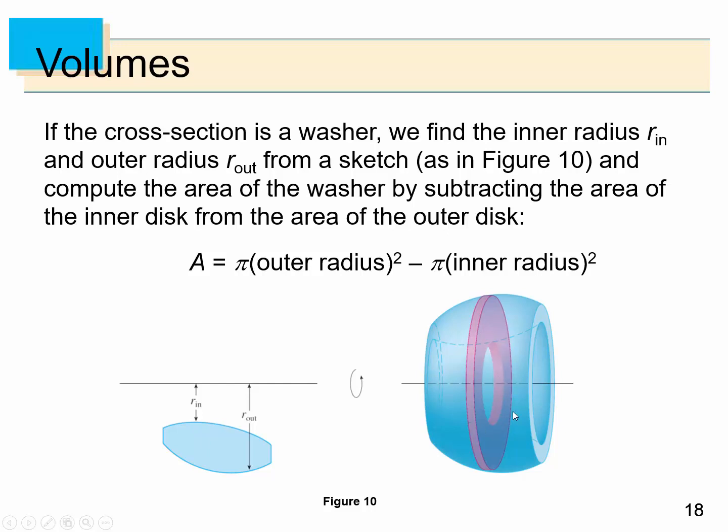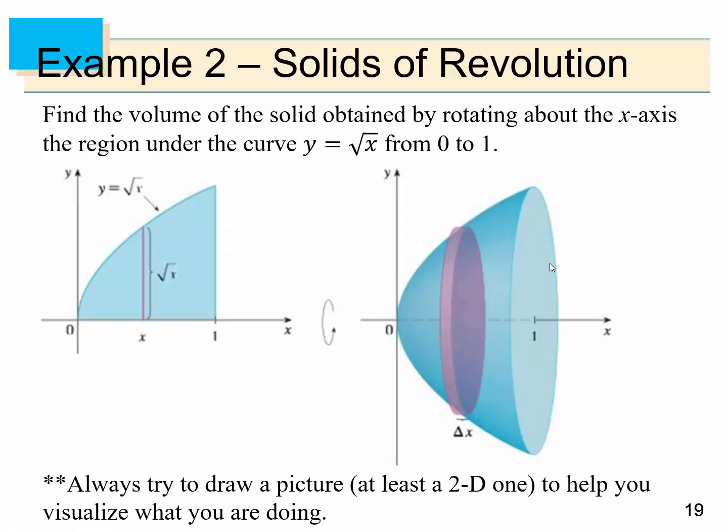And if you slice it, it looks like a washer. Well, to find that area, that's really easy. You just find the area of the larger circle and subtract the area of the smaller circle. You're basically finding the area of the disk as if it were whole, and then you're punching out that middle one, right? So it's pi times the outer radius squared minus pi times the inner radius squared. Again, you're just finding areas of circles. So you can see this whole technique boils down to finding the area of a circle, and being able to describe that radius in terms of either x or y, depending on in which direction you're going to roam.